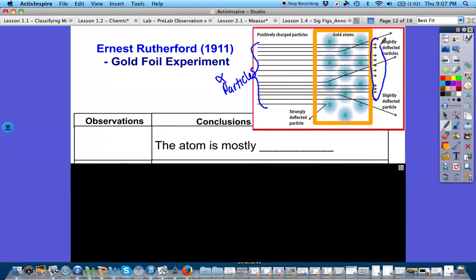A lot of them come through. So from this, to try to explain his observations, he concluded that the atom is mostly empty space.